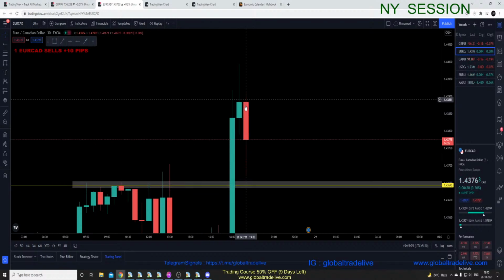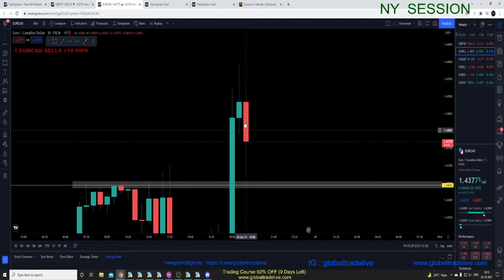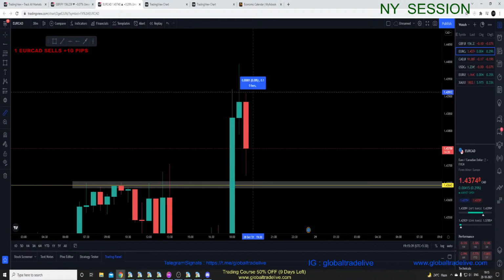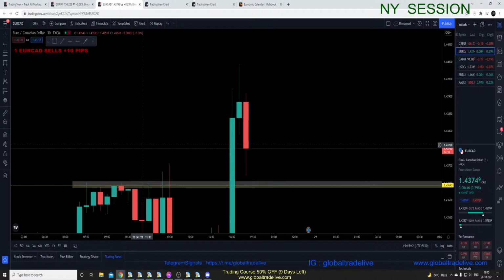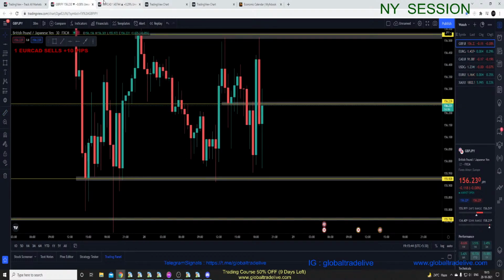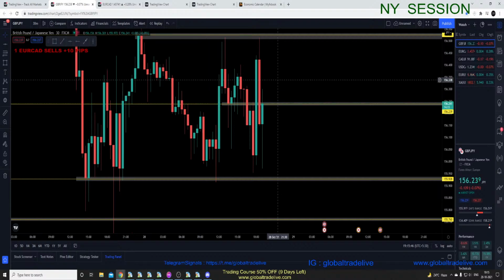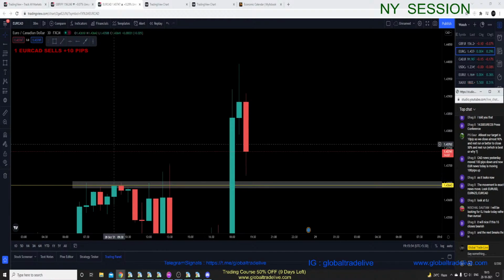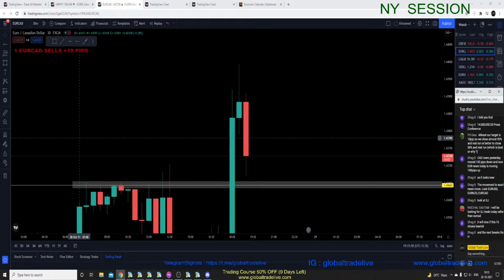What I want is this 30-minute candle should be closing a weak bearish candle, so that the next 30-minute candle can wick down and go up to test to break the high and move all the way up. GBP is still just consolidating over here. So nothing is happening in the market right now.